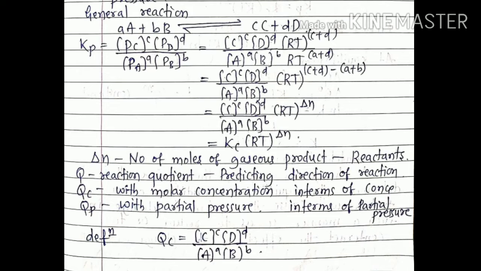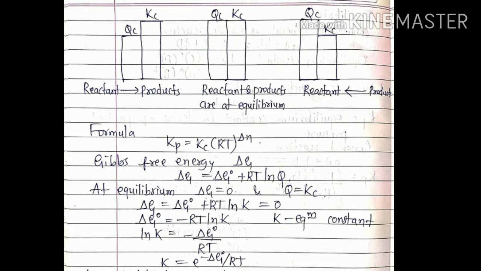Q is the reaction quotient, predicting the direction of the reaction. Qc is [C]^c [D]^d divided by [A]^a [B]^b. So we have two things, Qc and Kc. Kc is in terms of equilibrium concentration, while Qc is for any concentration.